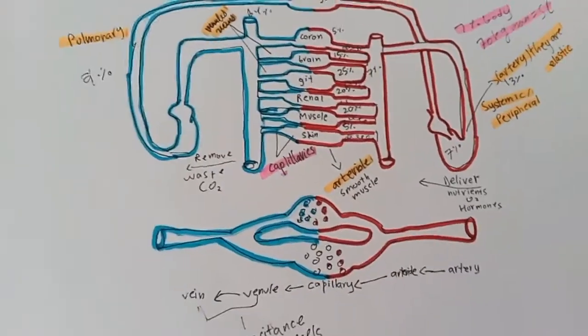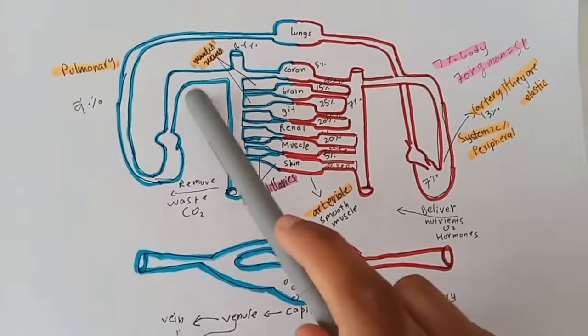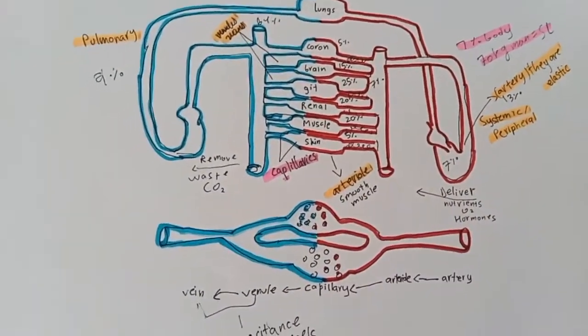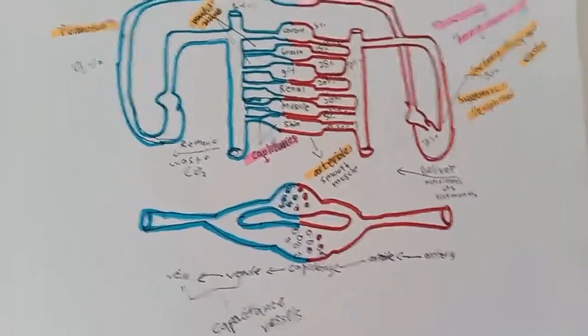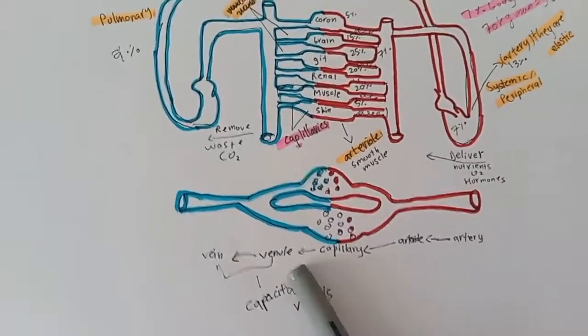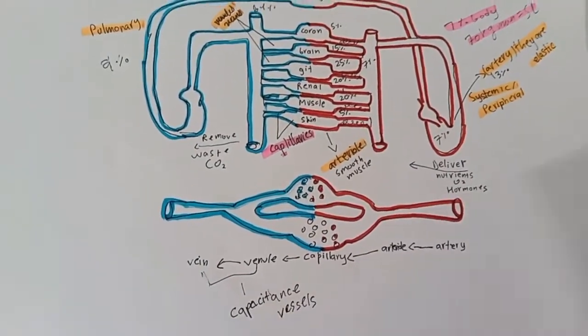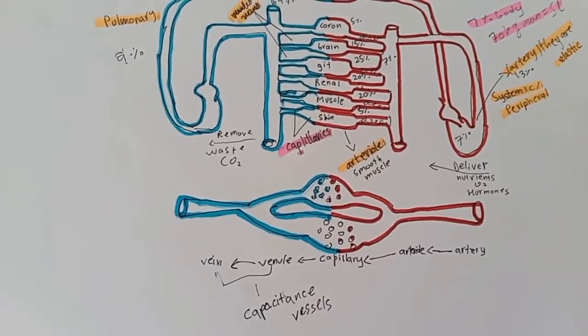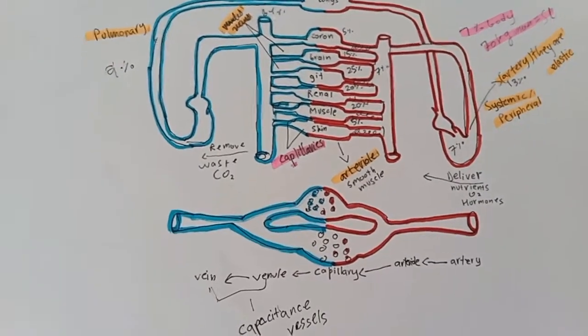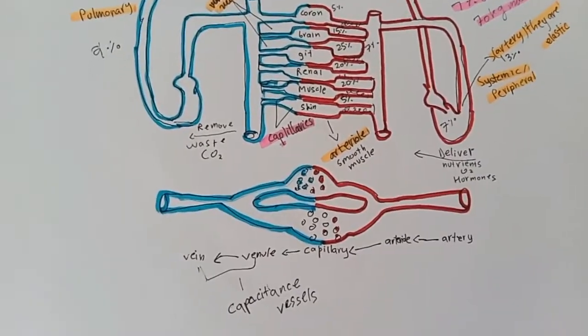So what we realize from this is that venules and veins have most of the blood, 64%, and hence that proves that veins and venules can hold a lot of capacity because they can stretch and have smooth muscles. That's why they're called capacitance vessels.